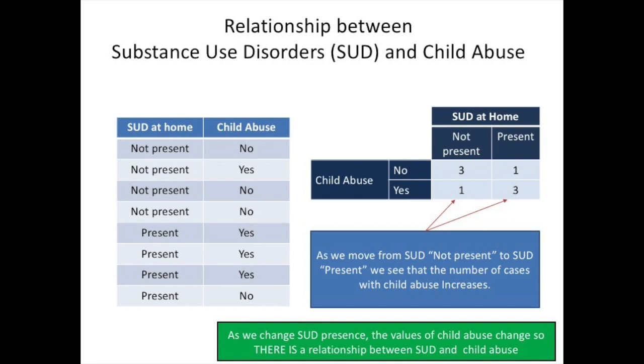But when we change to a condition of yes, there are substance use disorders present in the home, then child abuse is more prevalent there. There's 3 as opposed to only 1 that didn't. So as we move from not present to present in terms of SUD, we see that there is an increase in child abuse instances. So as we change SUD presence, child abuse occurrences change as well. So there is a relationship between substance use disorders present and occurrences of child abuse. That's what we mean by a relationship.